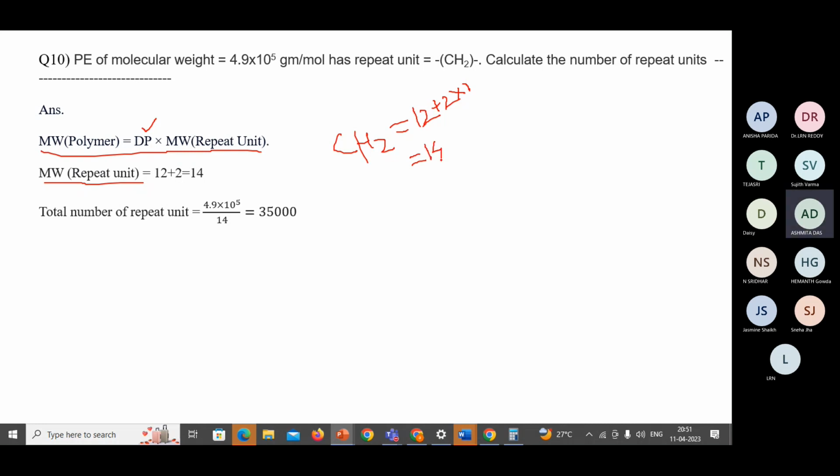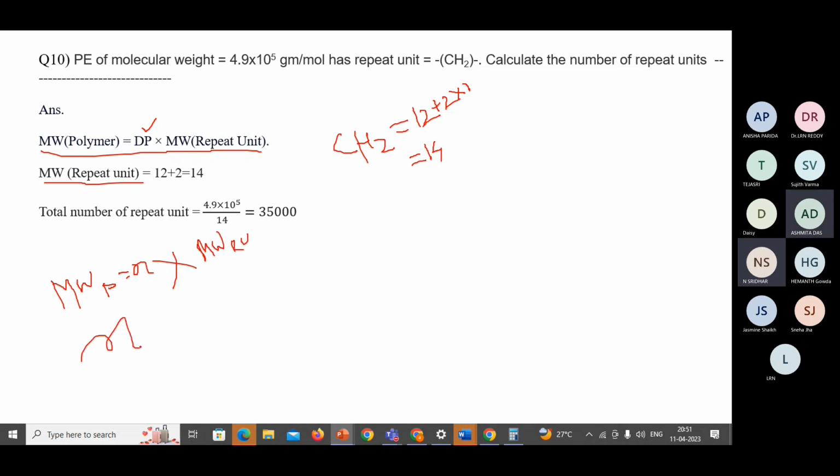Understood? So MW polymer equals N into MW repeat unit.